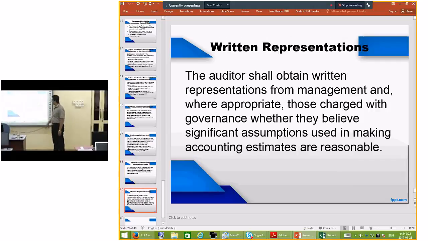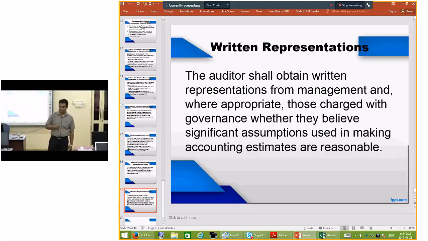Finally, you can get the written representation on accounting estimates as a final audit evidence, right? Because all estimations are the responsibility of whom? It's the responsibility of the management.